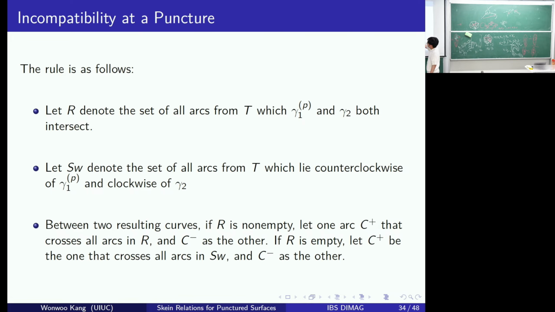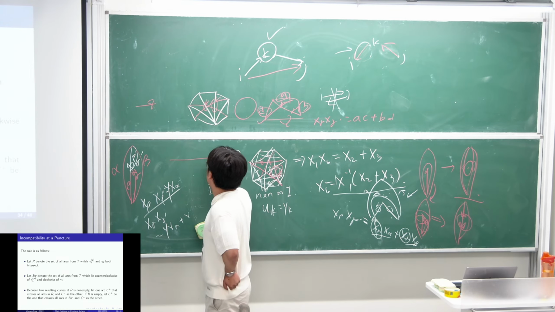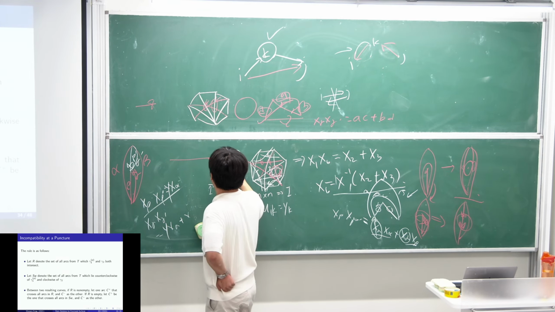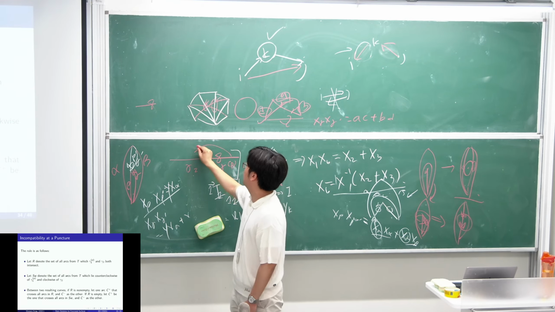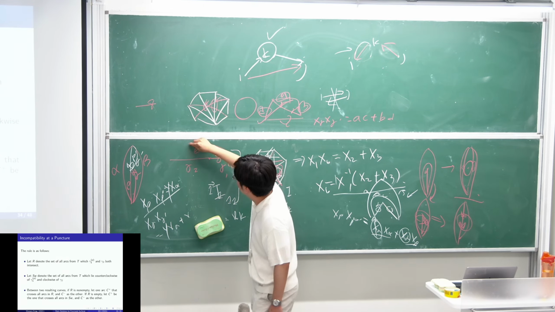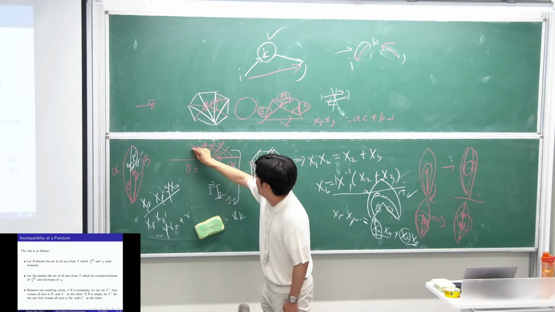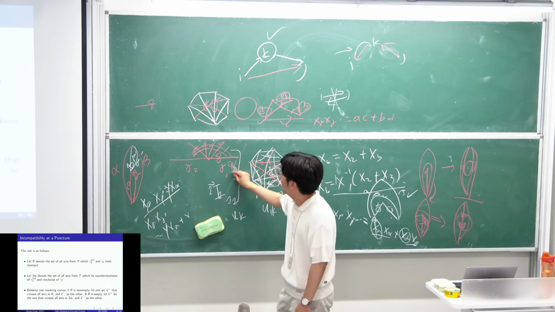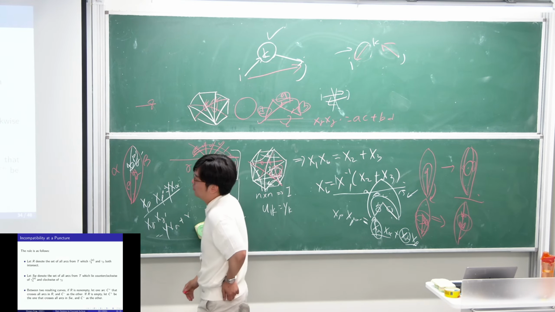And the second, SW denotes the set of all the arcs in T which lie counterclockwise of gamma 1 and clockwise of gamma 2. What does it mean? It means that if you go counterclockwise from here, I'm sweeping here up until here. So I'm just going to look at arcs that have an endpoint at P that can be swept by gamma 1 when I sweep this counterclockwise up until gamma 2.